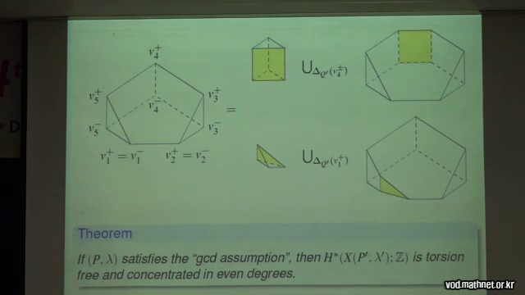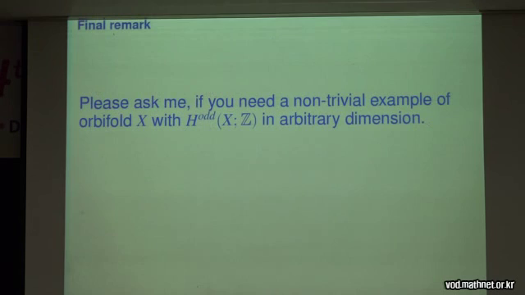So this is my theorem. I probably think many of you feel very unpleasant. I don't know. I can't see anybody smiling, but anyway, if I summarize everything, please ask me if you need a non-trivial example of an orbifold with this property in arbitrary dimension. I can give you. Thank you.